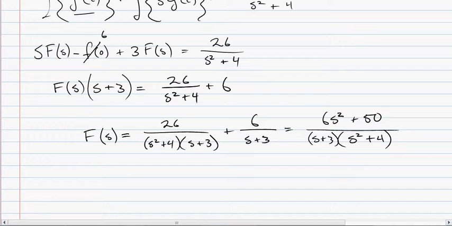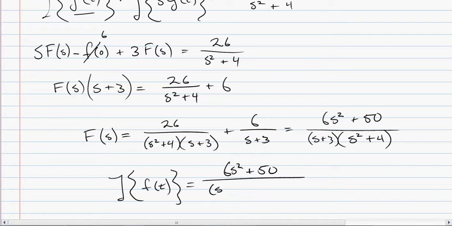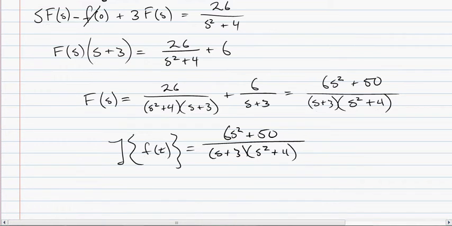But that doesn't really help us out a whole lot because we don't know of a function that when you take the Laplace transform of some f of t, we don't know of anything that's going to equal 6s squared plus 50 over s plus 3 times s squared plus 4. So we need to get this guy into a different form.